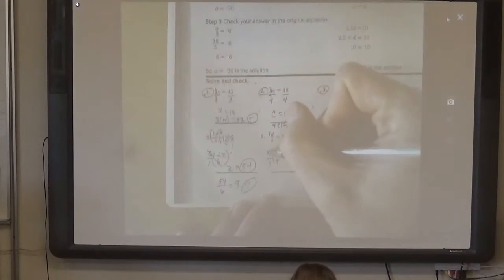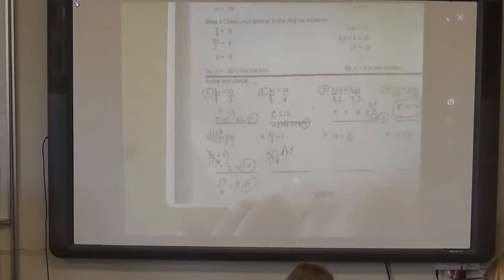Cross off the 4s, because 4 divided by 4 is 1. And 1D is left. Then multiply by 4 on the other side. Do we need the 1s? No. Nope, just 5 times 4, which is 20. So D equals 20. Then check it.